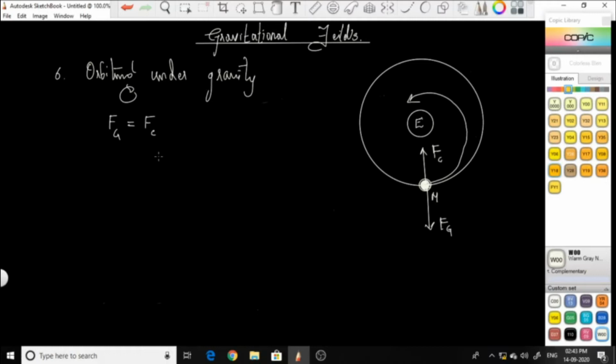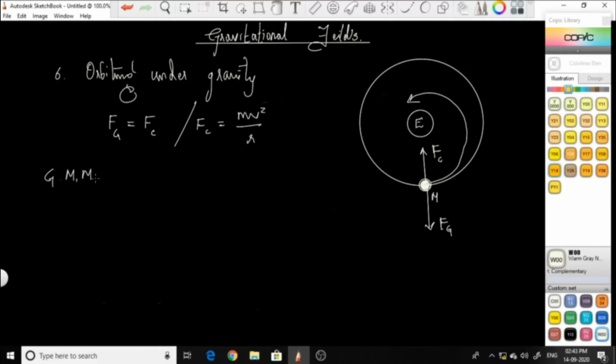The centripetal force is given by m v square over r, where r is the distance between them. The gravitational force is given by G m1 m2 over r square, and this equals m2 v square over r.